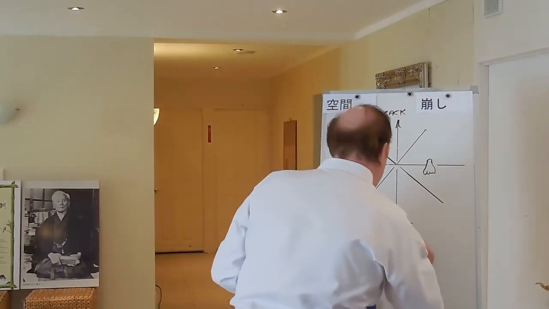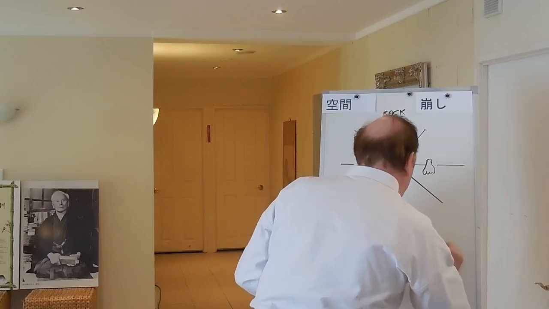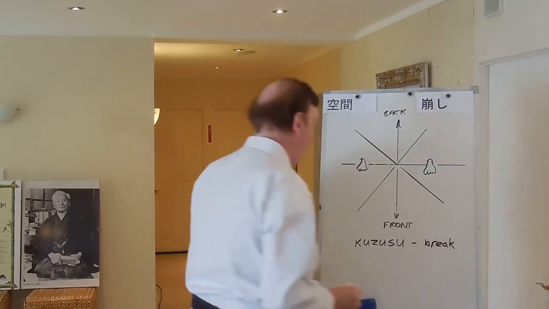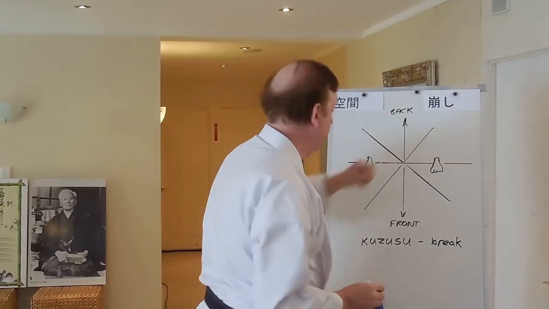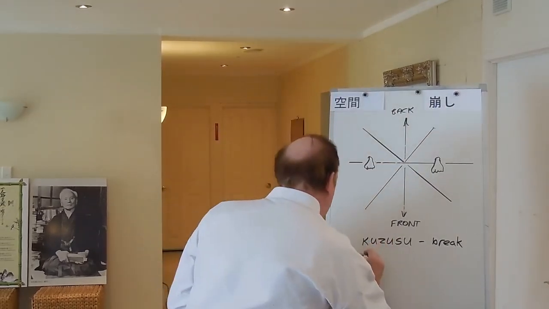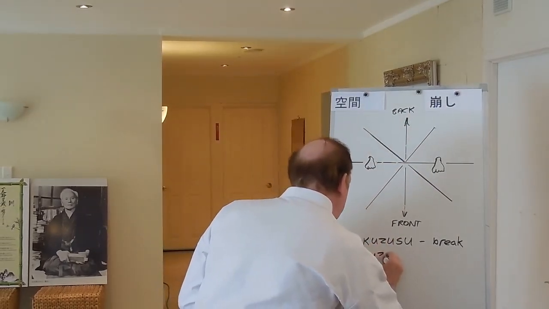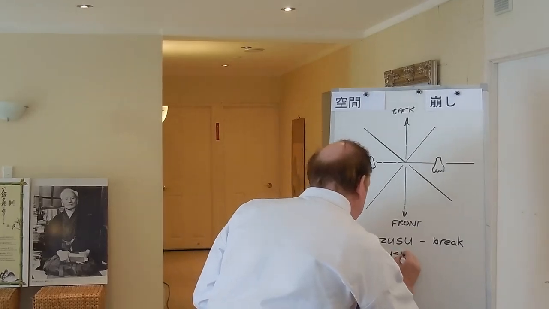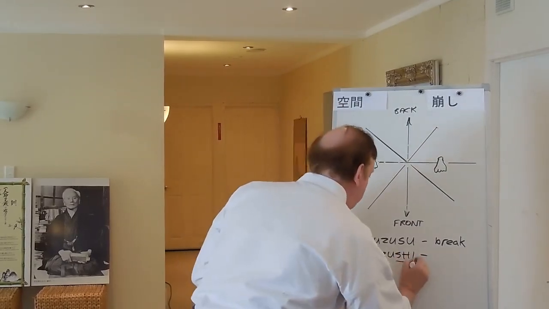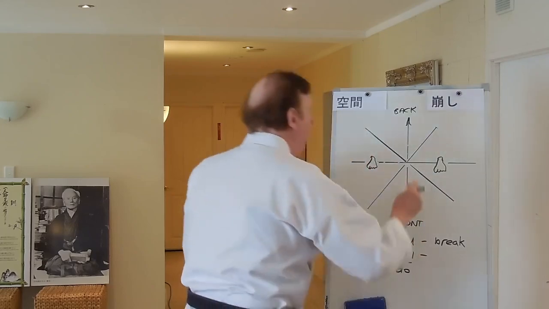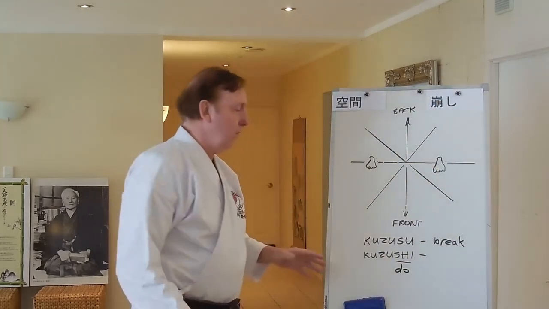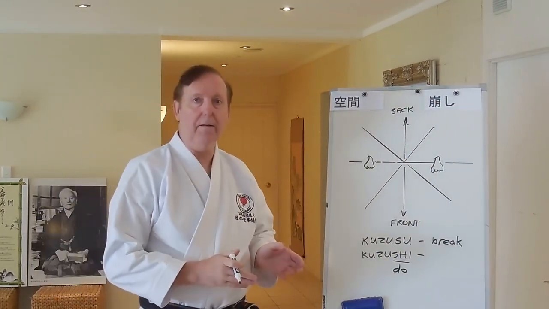So let's just say break, for want of an easier word. And when we say kuzushi, shi just means to do the action of. So shi means do. So this means to do, or to break, to crash into something and to break it.